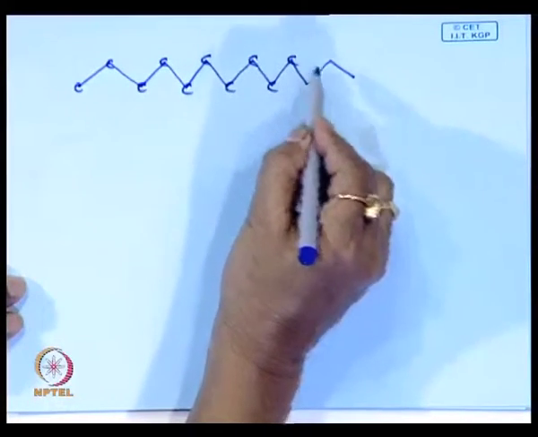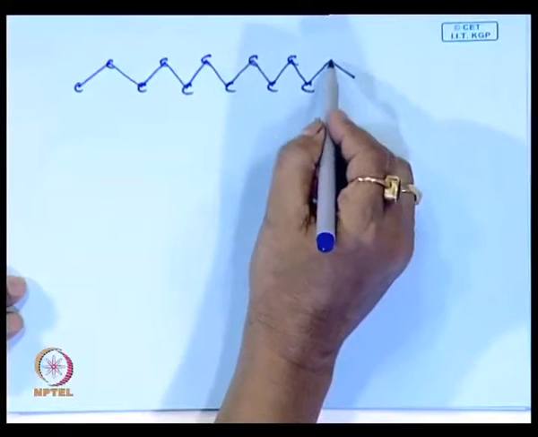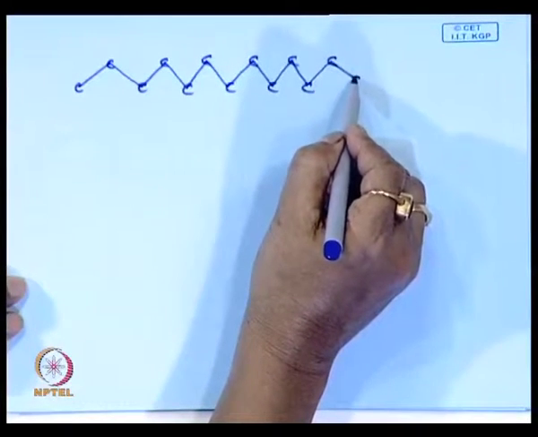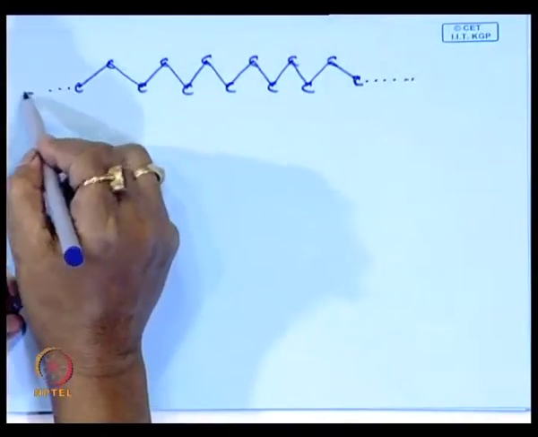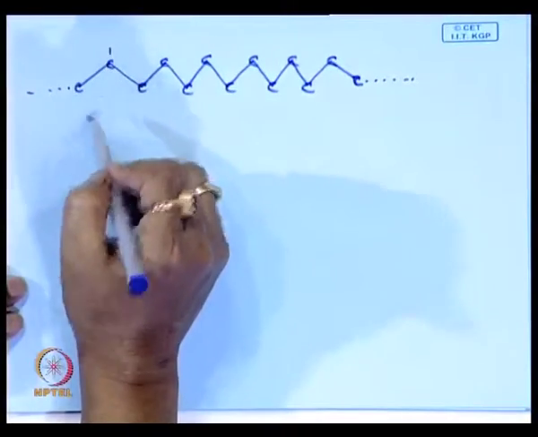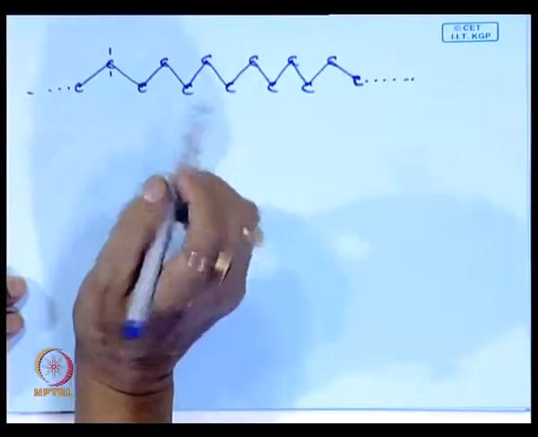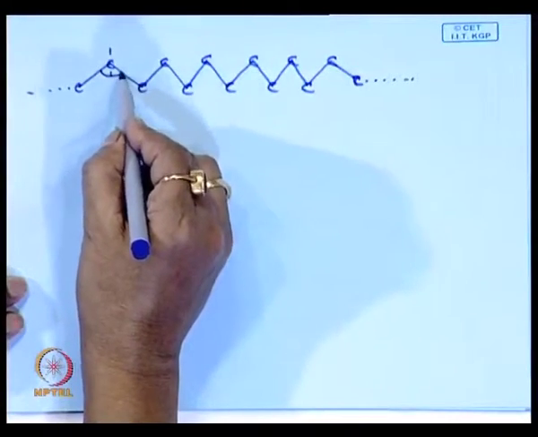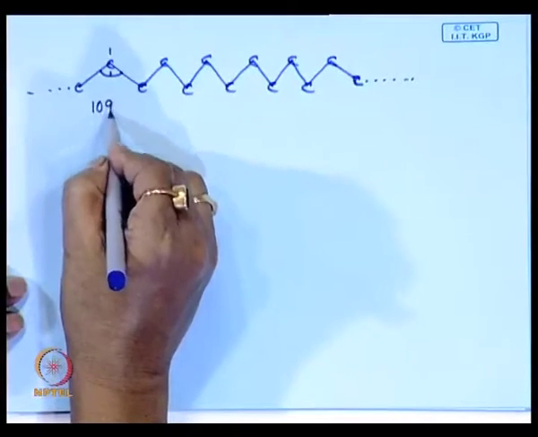This is the basic aspect of an isolated polymer molecule. So, it continues, and hydrogens are there, I am not showing the hydrogens. Now, what is this angle? You know, 109.